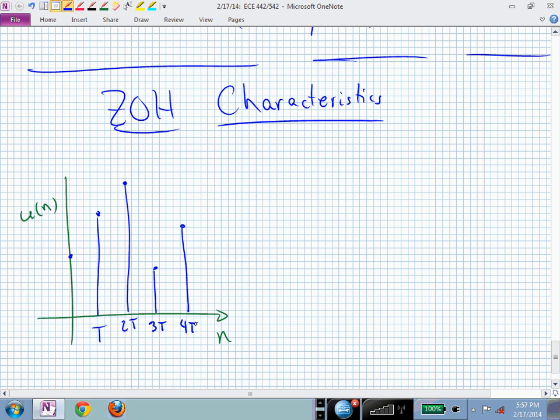Wow. Maybe I should just draw dots, but this is trying to emphasize that that's just one instant of values. Now if we process this with a zero order hold, what we're saying is whatever this value was at time step 0, we want to just hold that.